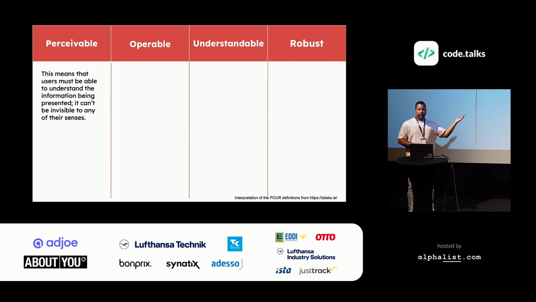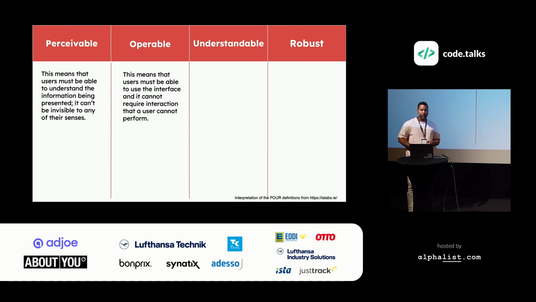So what does perceivable mean? It means that the user must be able to understand the information being presented. It can't be invisible to any of their senses. Operable means that users must be able to use the interface, and it cannot require interaction that a user cannot perform.